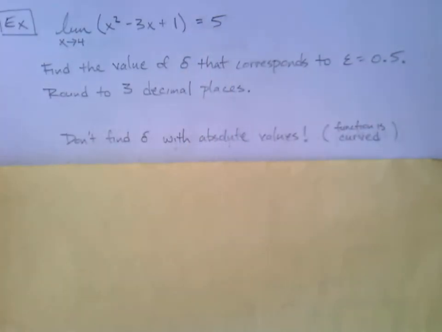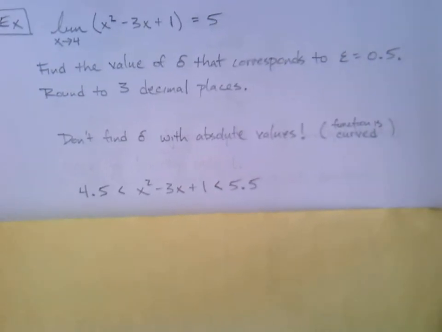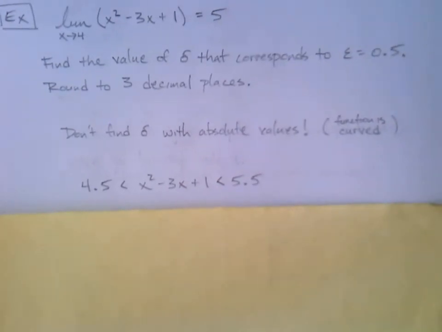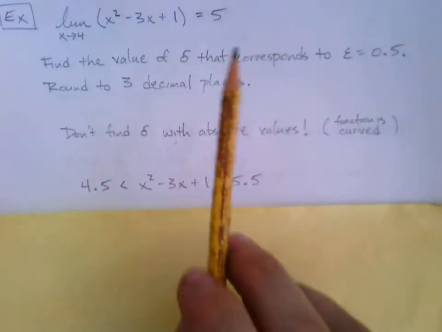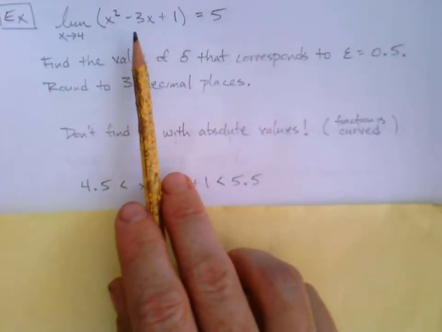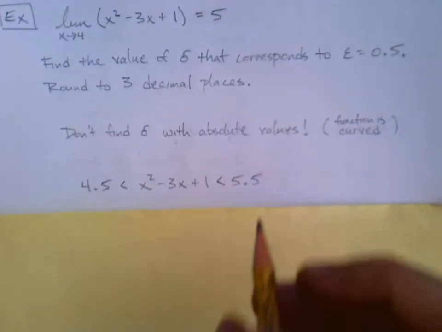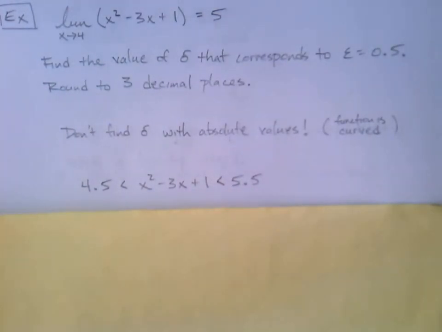Maybe this looks familiar. This is how we began the section way back. So with 5, I'm going to add and subtract 0.5, so I want my function to be somewhere between 4.5 and 5.5.